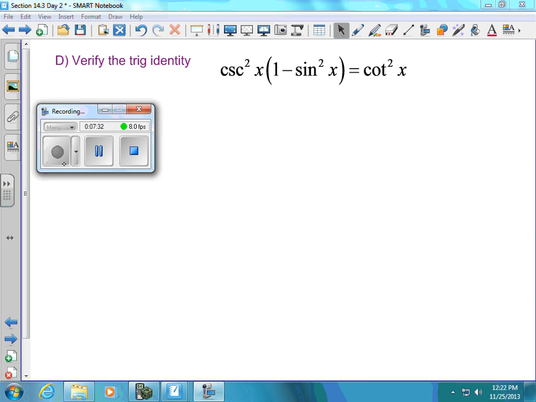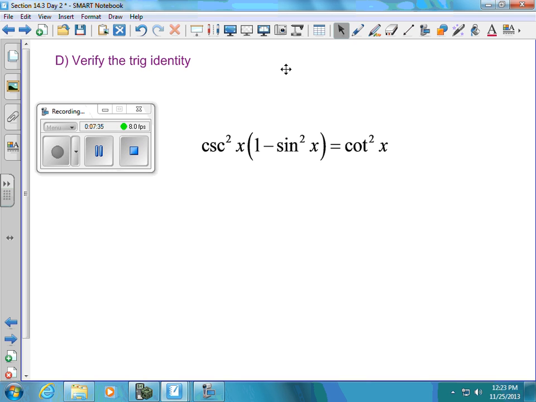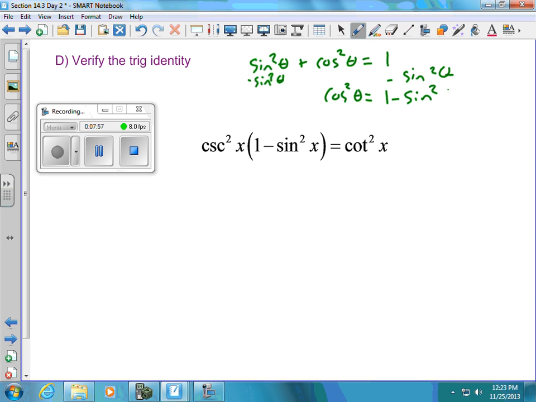Well, if you look at this problem, we think of the Pythagorean identity: sine squared plus cosine squared equals 1. If I subtract sine squared from both sides of that, I now have cosine squared of theta equals 1 minus sine squared of theta.